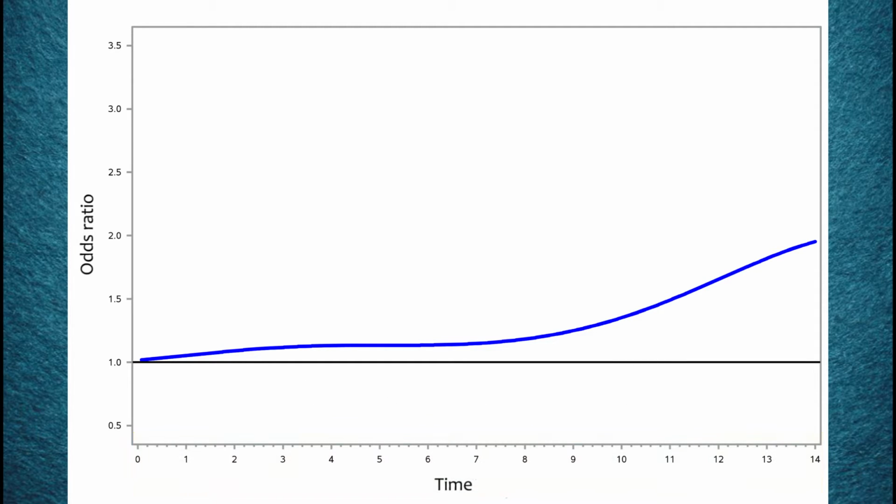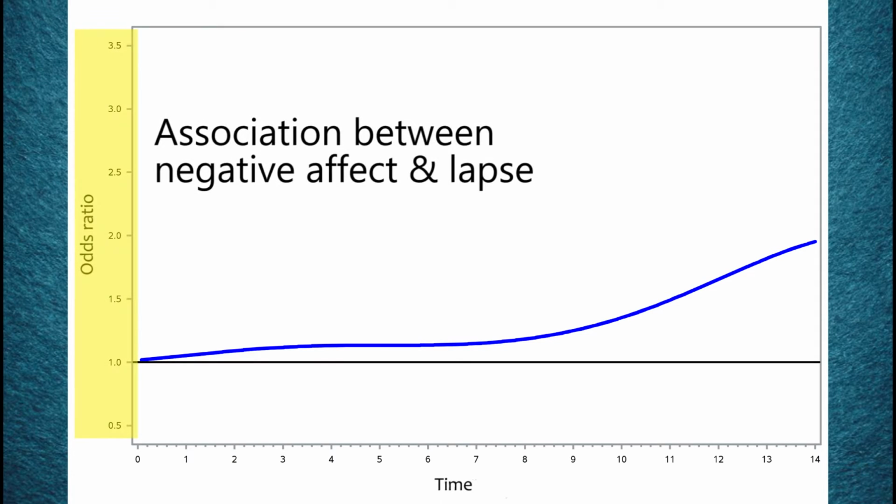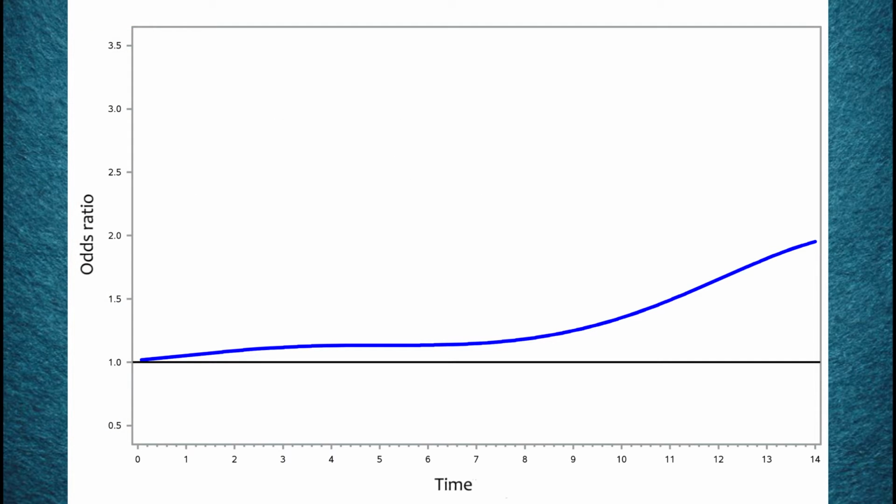And our y-axis expresses odds ratios, or the association between negative affect and lapse in smoking. So at any point in time, we can look up and read off of the figure an odds ratio. In this figure, I've suppressed the confidence intervals for simplicity. However, users of TVEM can request confidence intervals to enable dynamic hypothesis testing that is through continuous time.